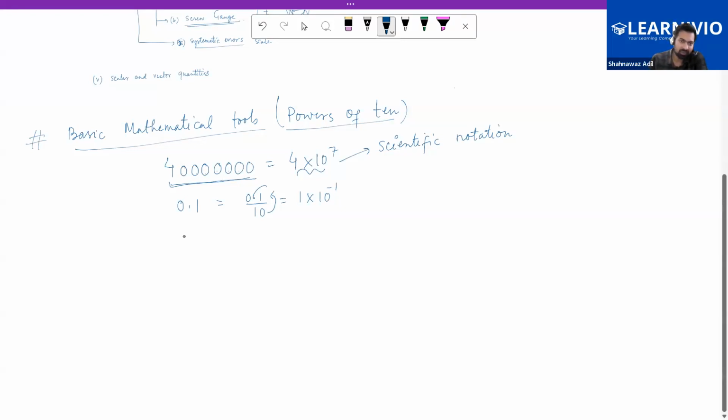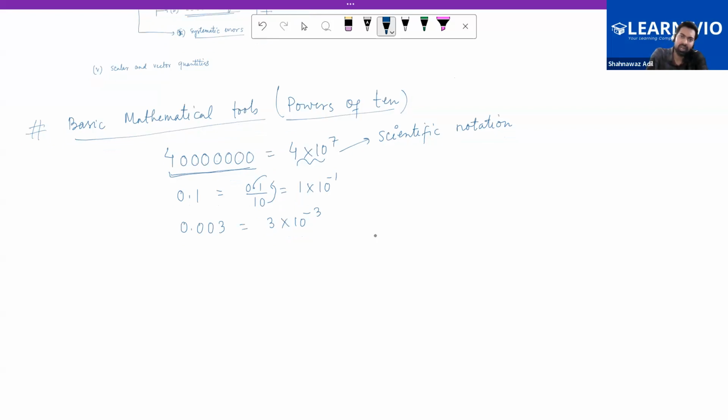So whenever I'm writing a decimal number, let's say 0.003, this would be 3 into 10 to the power minus 3. If I have decimal expansions, the powers would be negative. If I have tens, thousands, all these places, then powers of 10 would be positive. Clear?